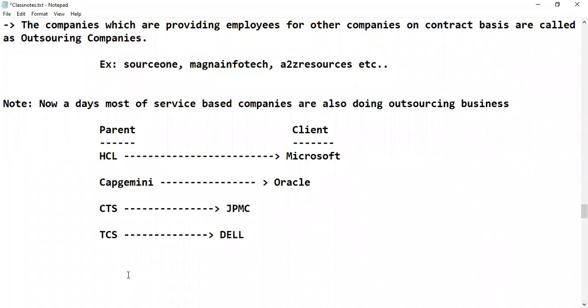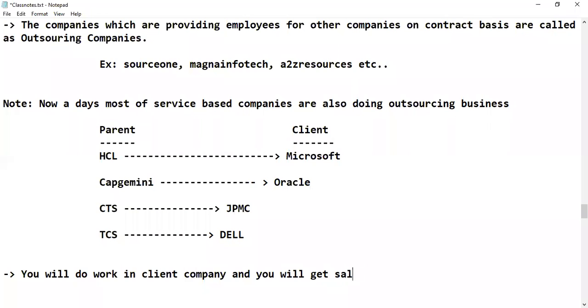If you got selected for this job, then you will get the salary from the parent company, but you will do the work for the client company. You got selected for HCL, but HCL is going to give you to Microsoft on a contract basis.